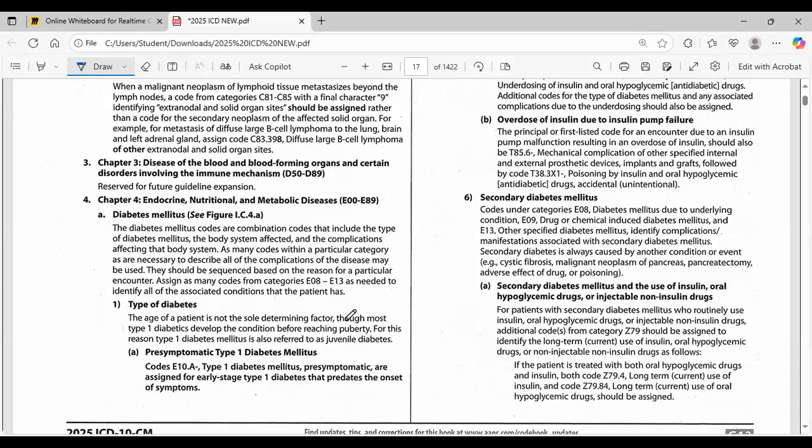For all other cases, we use the reason for the encounter as the primary diagnosis, and whatever the treatment provided, we use the related diagnosis as primary. But if the patient has anemia due to neoplasm and is getting treatment for the anemia itself, we use the neoplasm code as primary and anemia as secondary.